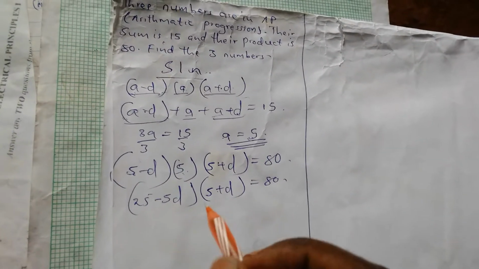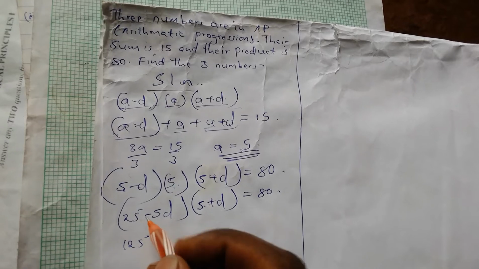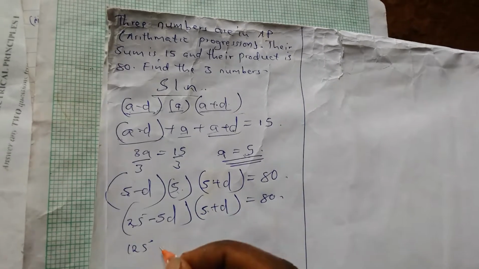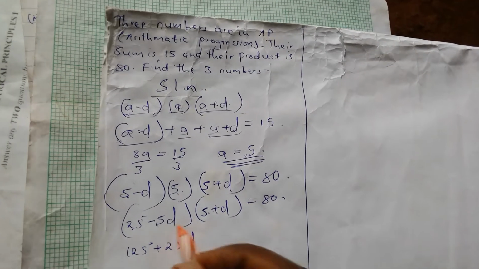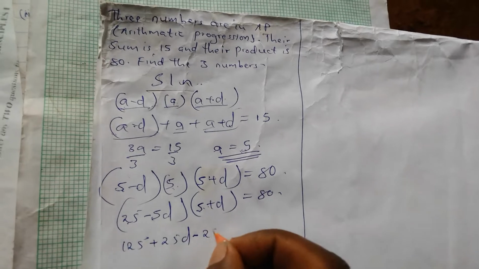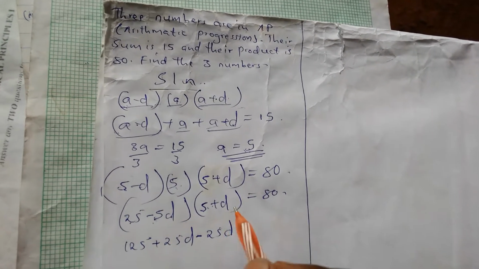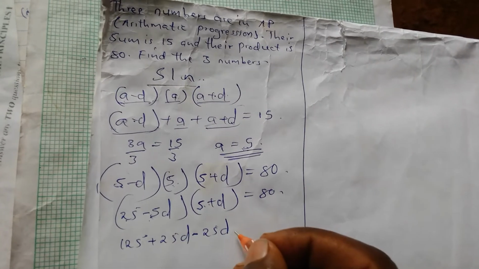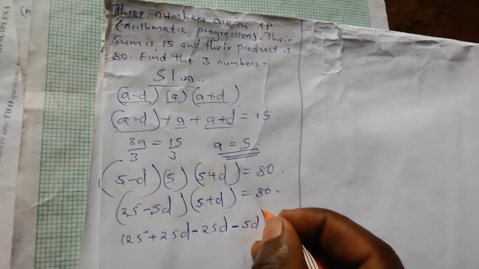From there, we are just going to say 25 times 5, 125. Then 25 times D, you get plus 25D. Negative 5D times 5, you are just going to get negative 25D. Then negative 5D times D, you are just going to get negative 5D squared.